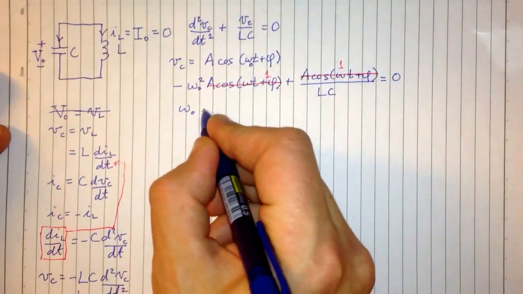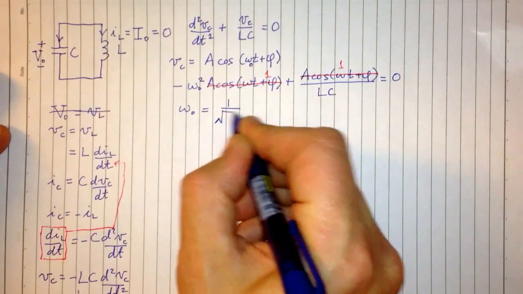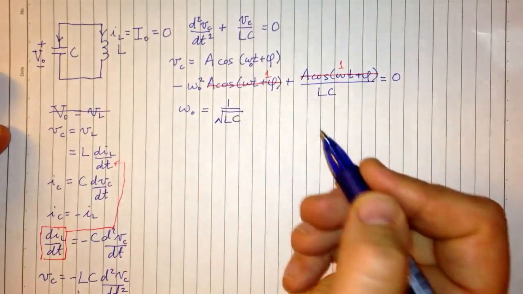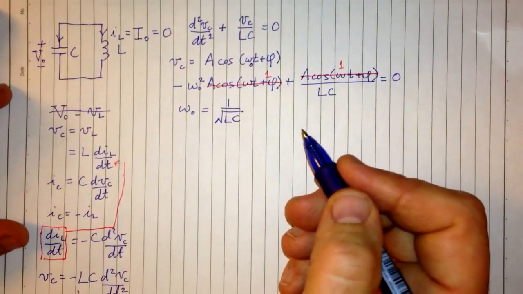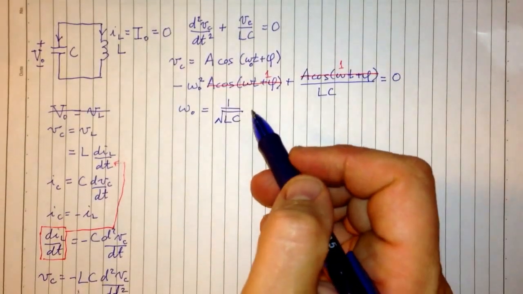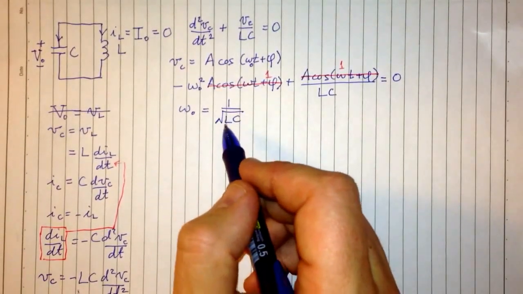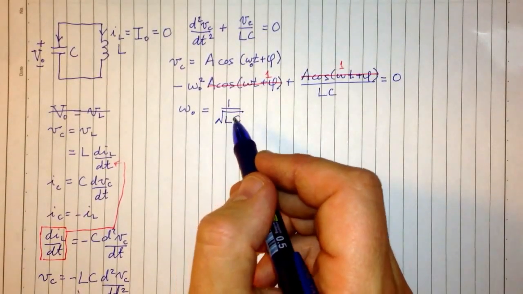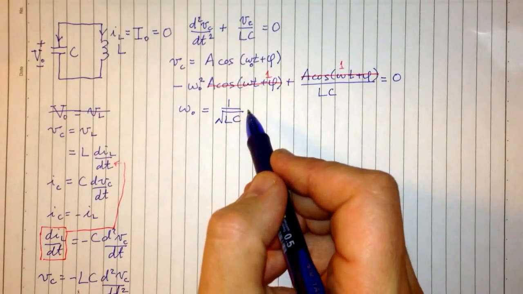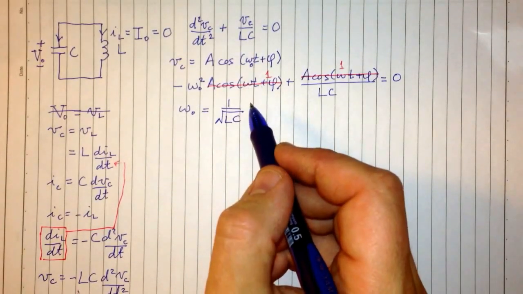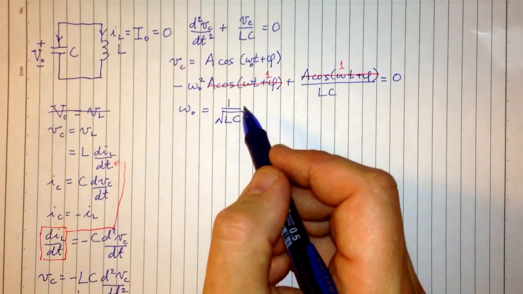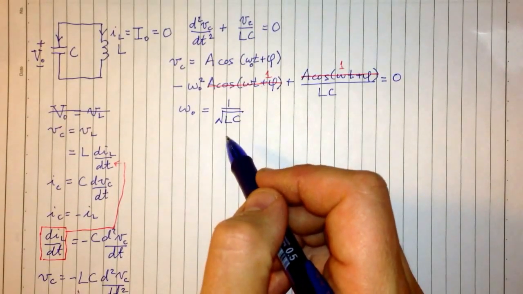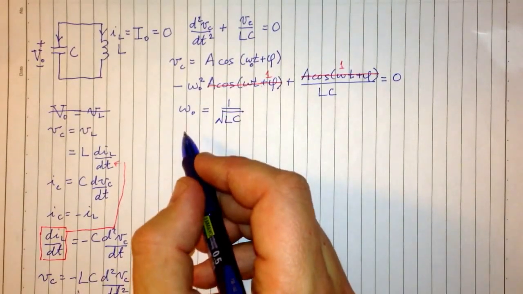We're left with omega naught equals 1 over square root of LC. Now, technically it's plus or minus 1 over square root of LC, and indeed, if you work this out a little bit more extensively, you can see that that's just fine. Either solution is acceptable.